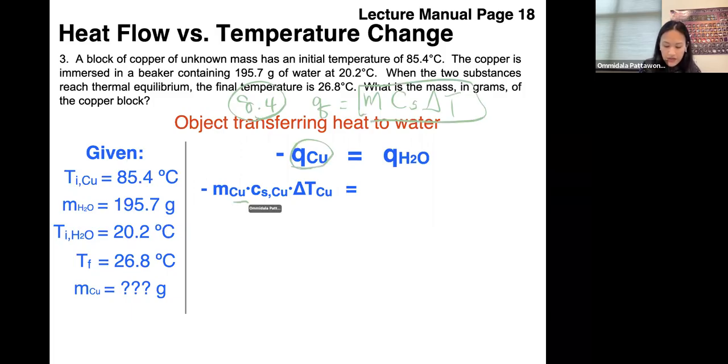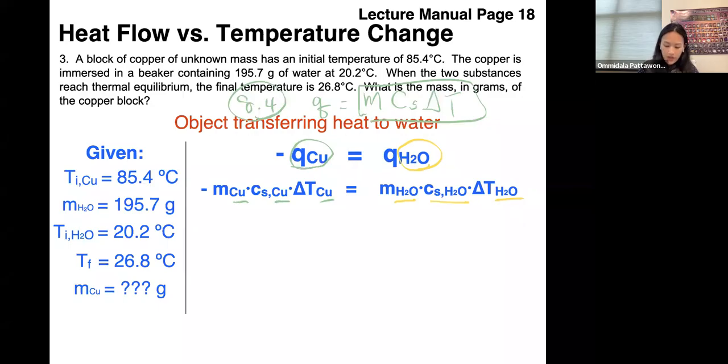The other side of the equation belongs to water, so you have to make sure that all of this mass, specific heat, and delta T belong to water. You have to do that correctly.